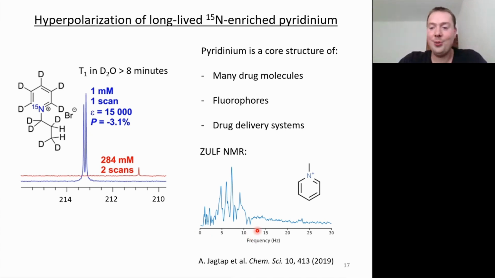We haven't quite understood what all the couplings are and haven't simulated the spectrum, so this is the very first data we're seeing. One interesting fact about this methyl pyridinium is that it's a molecule that most of you probably consume every day when you drink your cup of coffee. It's a metabolite found in coffee.